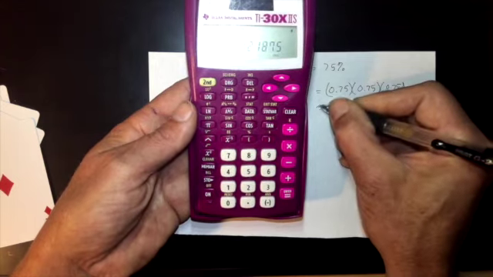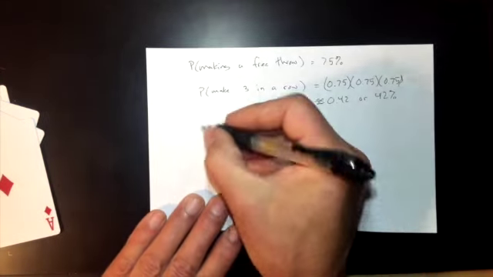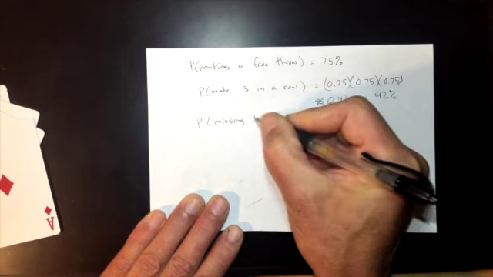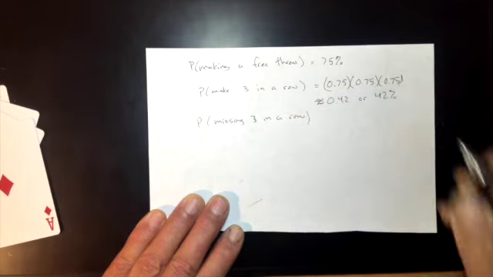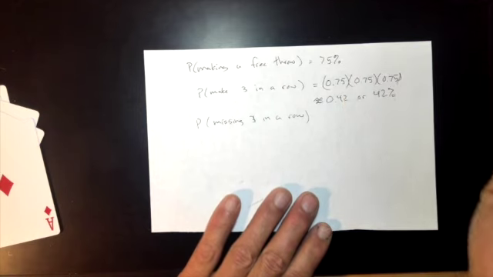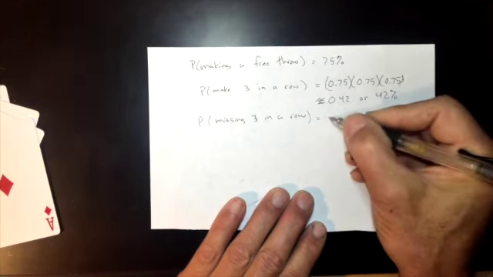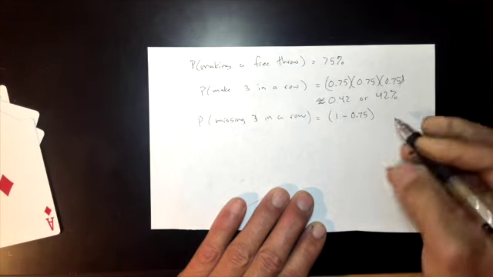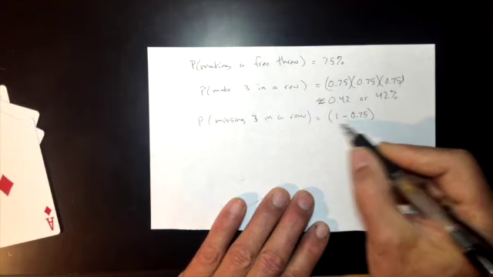Okay, well, what's the probability of missing 3 in a row? Well, if there's a 75% chance I make it, then there's a 25% chance I miss it. And we could think about that as 1 minus 0.75. That's called a complementary event, and we just have to know that a little bit today.